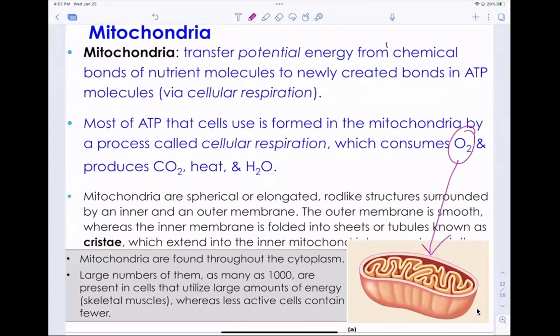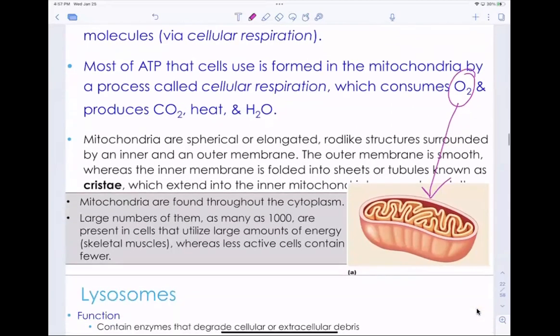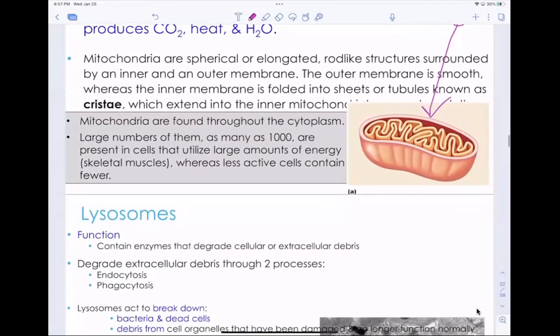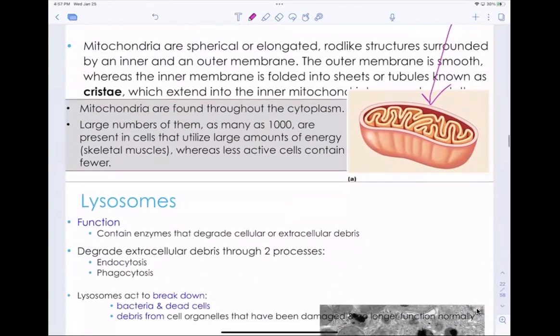Now, if you don't have oxygen available to do this, the mitochondria can no longer mass produce ATP molecules, and that becomes a problem. So this is called aerobic respiration because you need oxygen to make these ATP molecules. And we will talk about that in chapter 3.